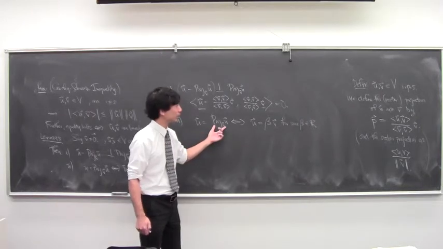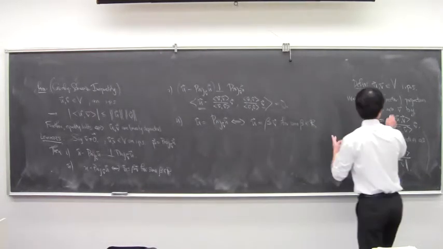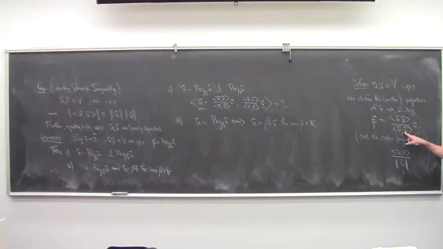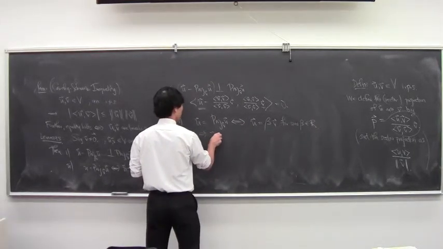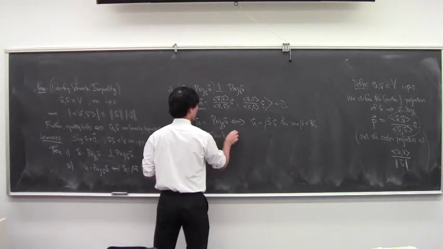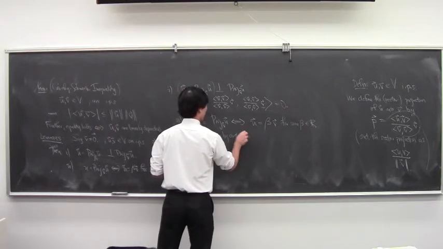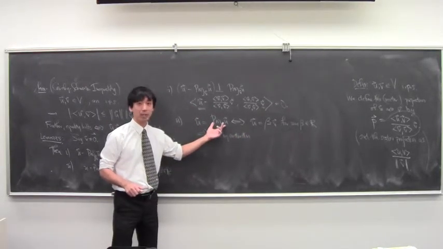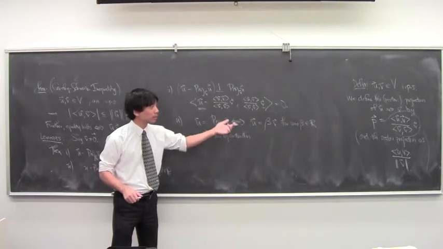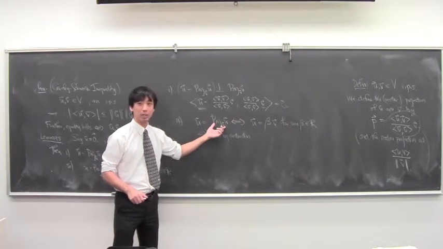If U is the projection of U on V, that means that U is this thing. In other words, U is some multiple of V. The end. So the first part is true by construction. That's how we define the projection. The projection is this particular multiple of V.